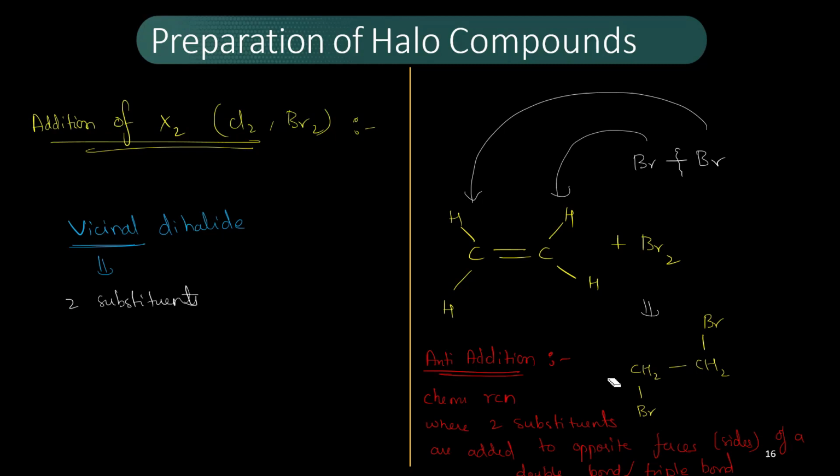The bromines. These bromines are attached to two neighboring carbons, let's say 1 and 2, side by side carbons. When substituents are attached to side by side carbons, we call it vicinal. Here the bromines are attaching, so they are called a vicinal dihalide. So two substituents are attached to two neighboring carbon atoms.